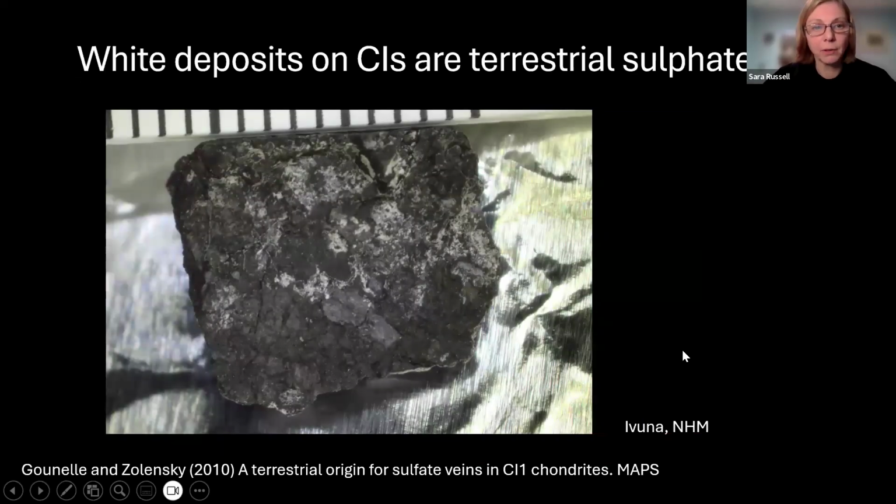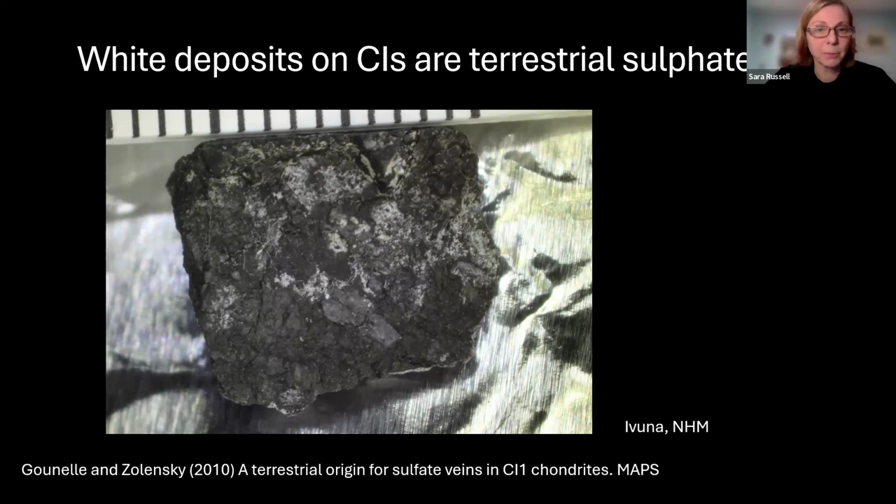CIs, although they are chemically very primitive, are incredibly susceptible to terrestrial processing. So the white deposits that you can see on the top of the meteorites are all terrestrial sulfates, and Gunnell and Zelensky demonstrated this was true in 2010.